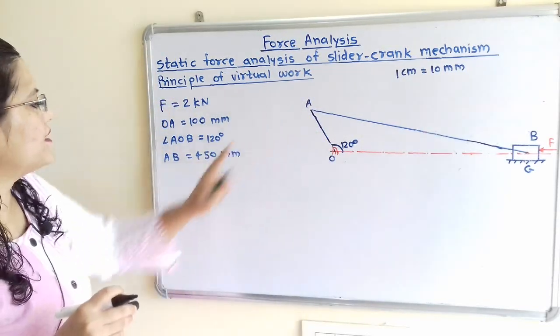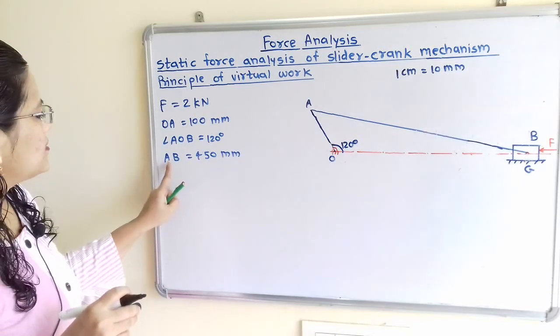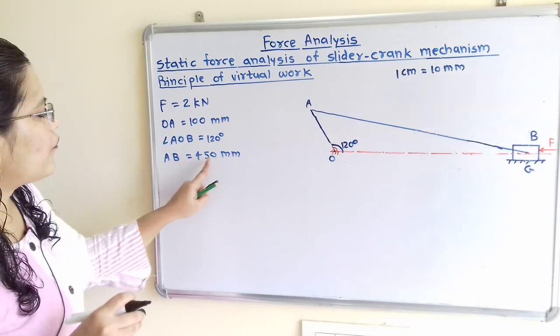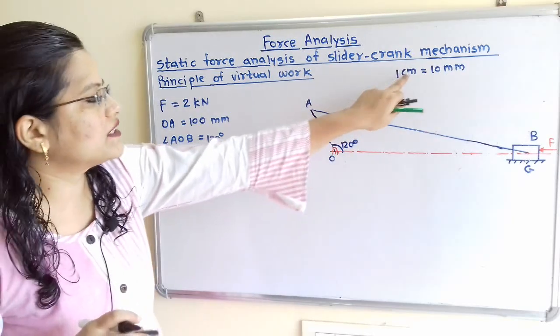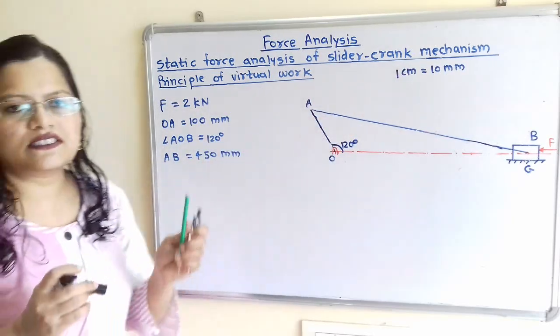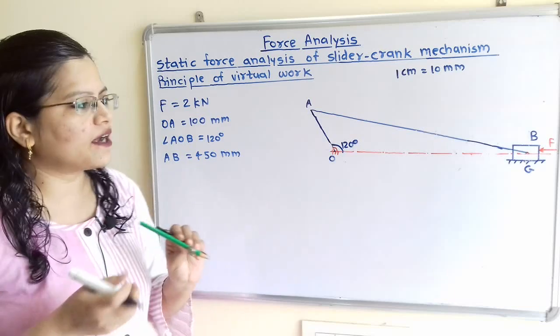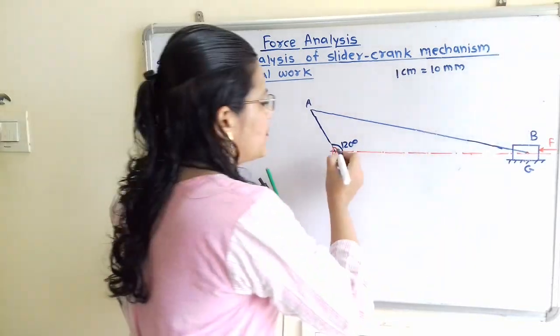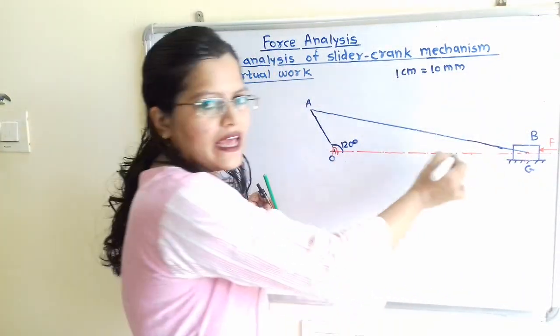Now this point A is known. Now the distance AB is also given for 50 millimeters. So according to this scale, we have to take a distance of 45 centimeter in compass and slider reciprocates along this horizontal line.